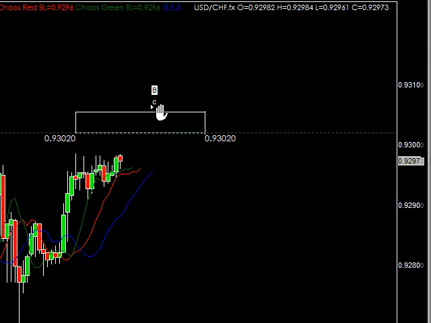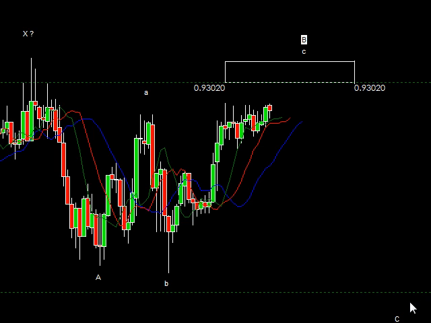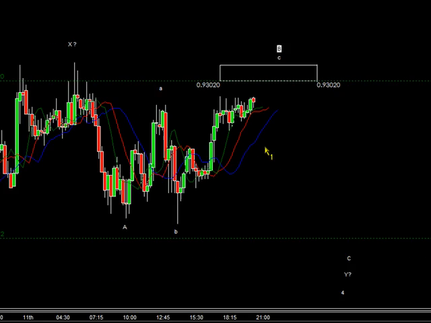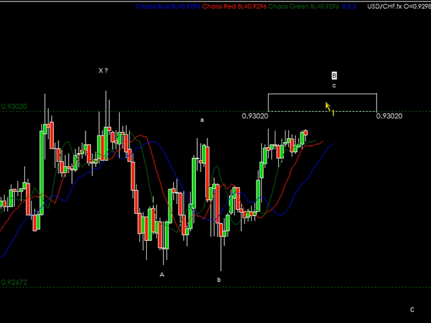Now, if wave C of B is completed, we need another wave down to complete wave C. So, if I may be as bold as to do a projection, it should be something like that.